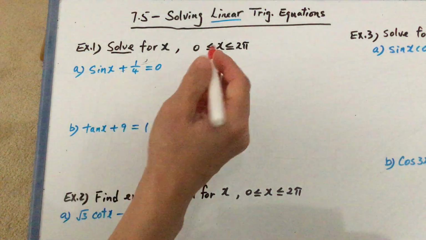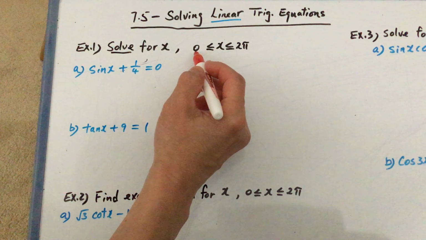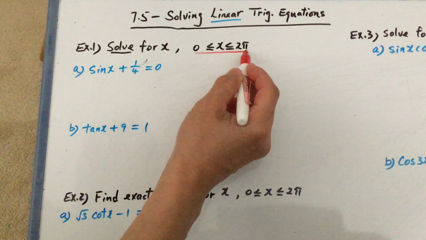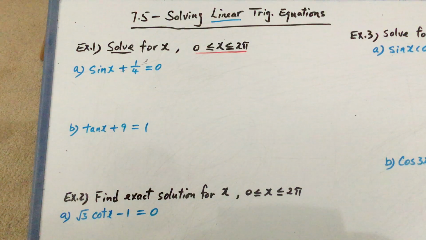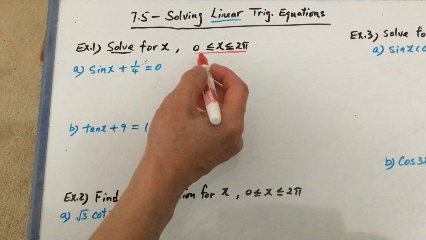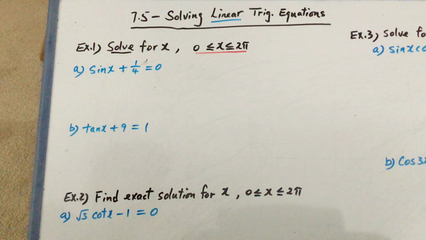So without the given domain, you will have an infinite number of solutions, okay? But with the given domain, your solution has to be within this range. And the most common domain given is usually between 0 and 2 pi, okay?